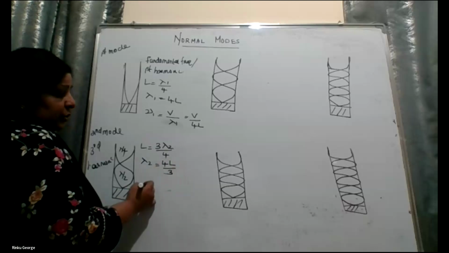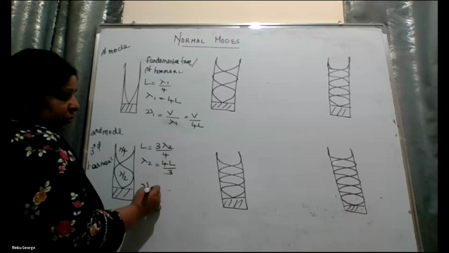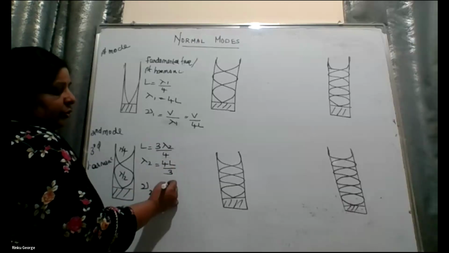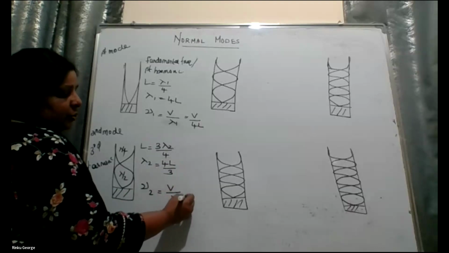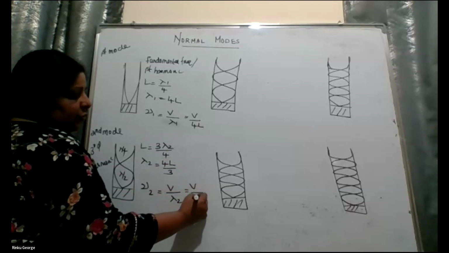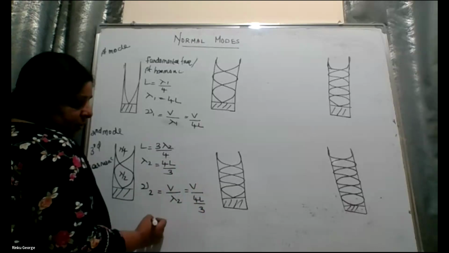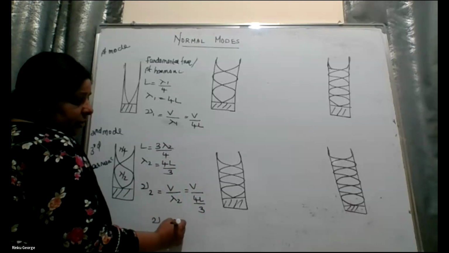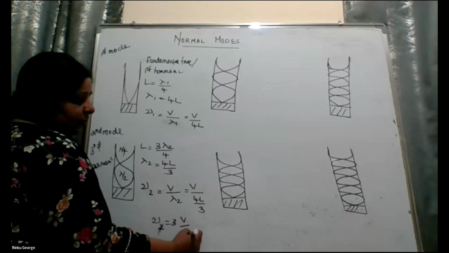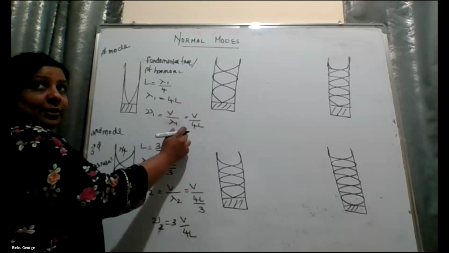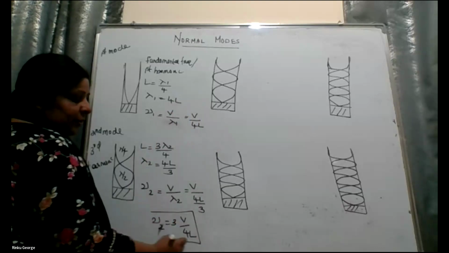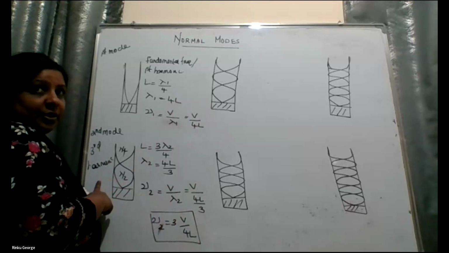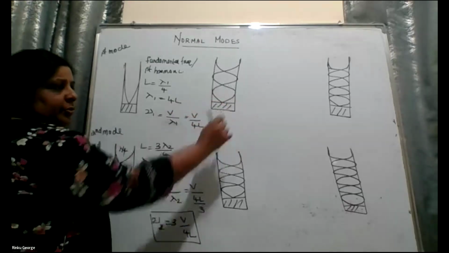Correct? So nu 2 will be equal to V by lambda 2, that is V by 4L by 3, or nu 2 is equal to 3V by 4L. This was V by 4L. This will be 3V by 4L. That's why it is known as third harmonic. Understood?